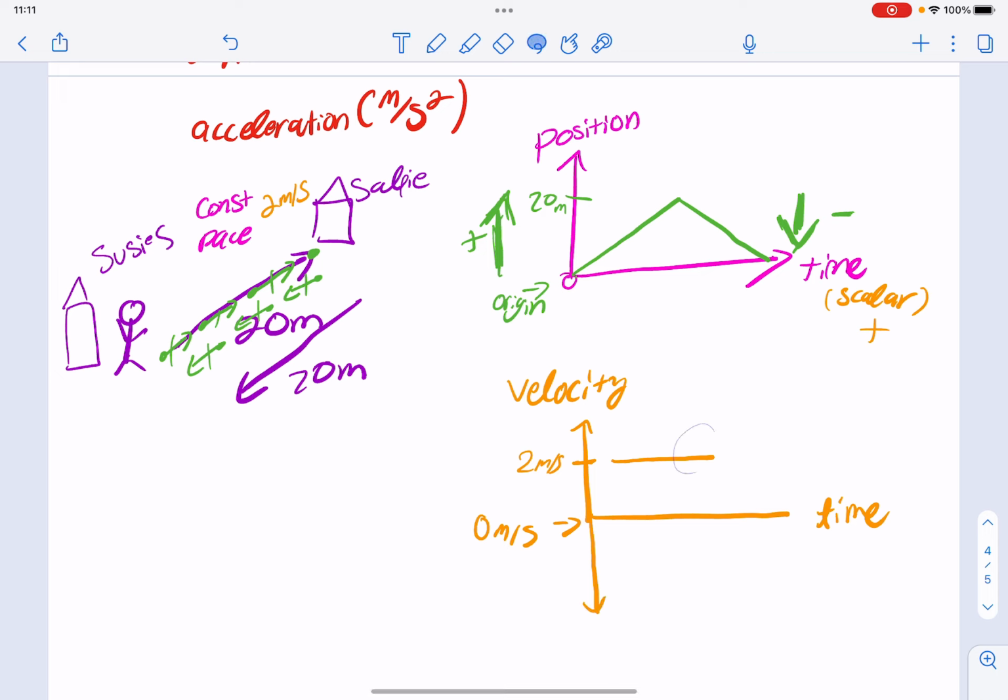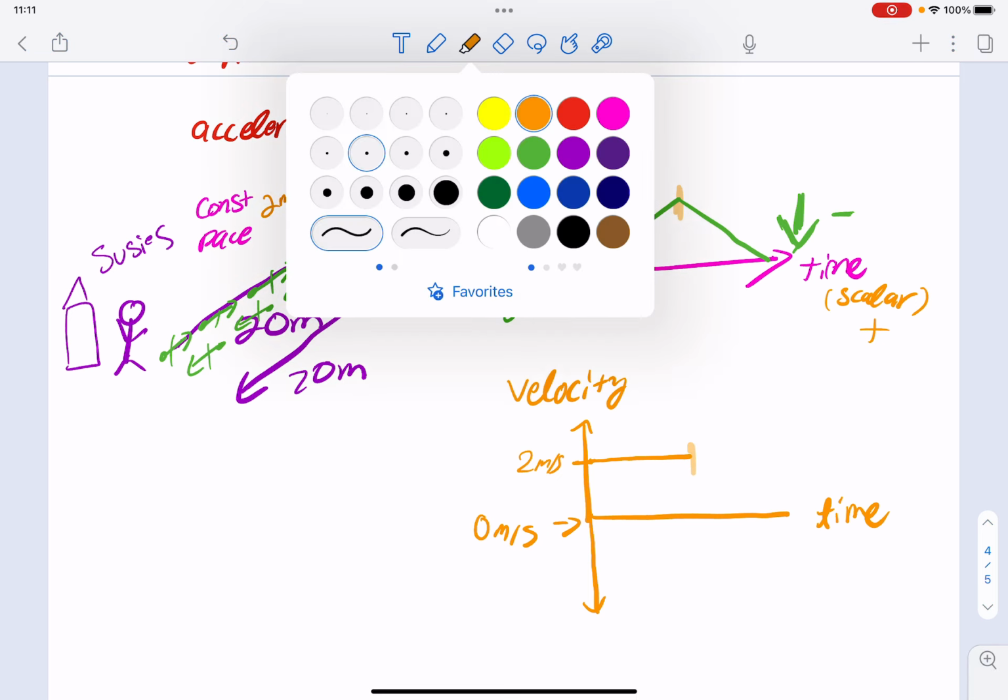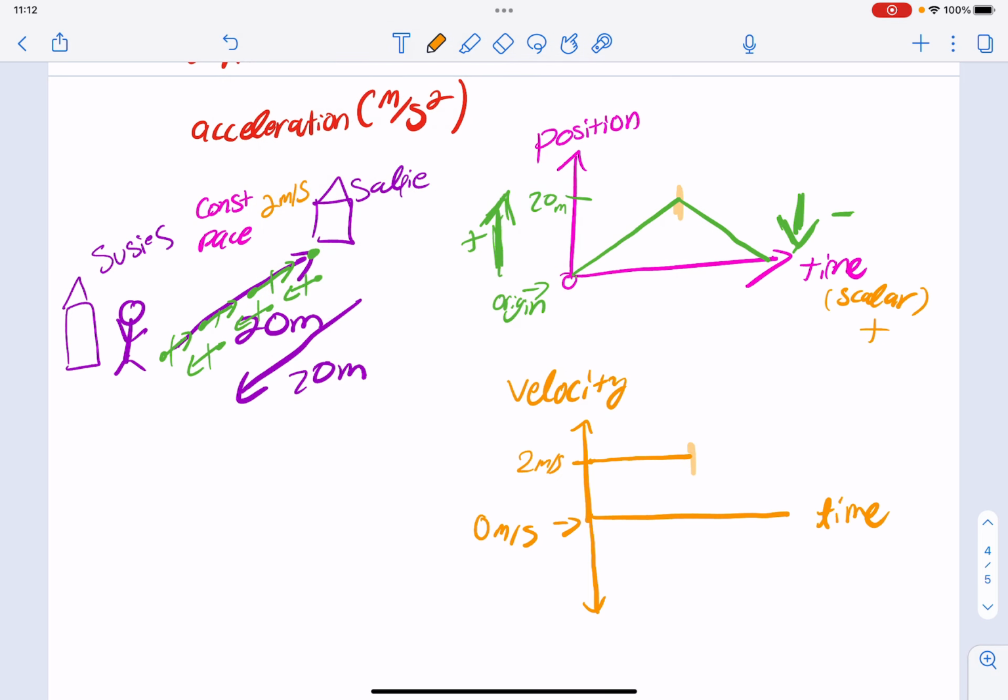So she started moving positively. Then when she switched, at this point right here, she now started moving 2 meters per second in the negative direction. So she went from moving positive 2 meters per second to moving negative 2 meters per second.